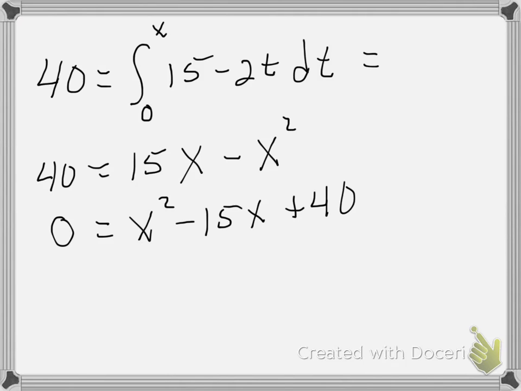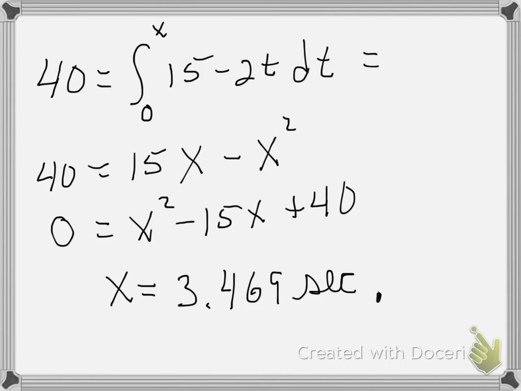So this would be a good time to use your calculator or the quadratic formula, some way, shape, or form to solve that quadratic. And I got x equals 3.469 minutes. So that's how long it took to drain out 40 gallons. And that was part B.